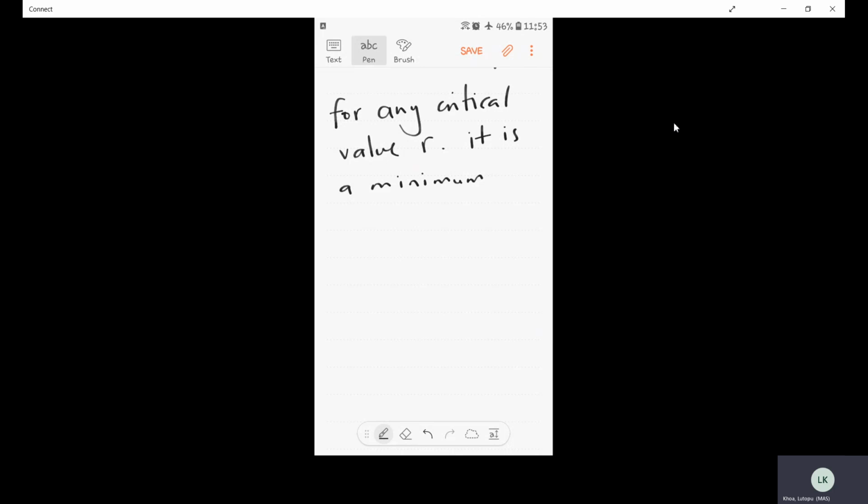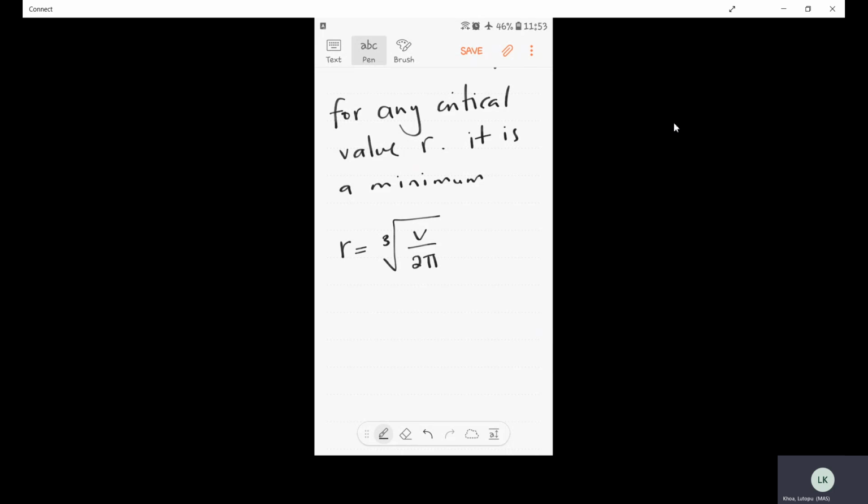Okay, so what this means is if I want to get a minimum area, so I do not want to use a lot of material, and I'm interested in finding out the radius that I should use to make this can, the radius should be equal to the cube root of my volume, and then I divide this by 2 pi.